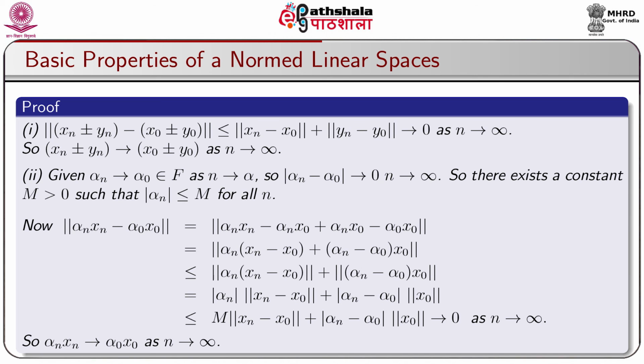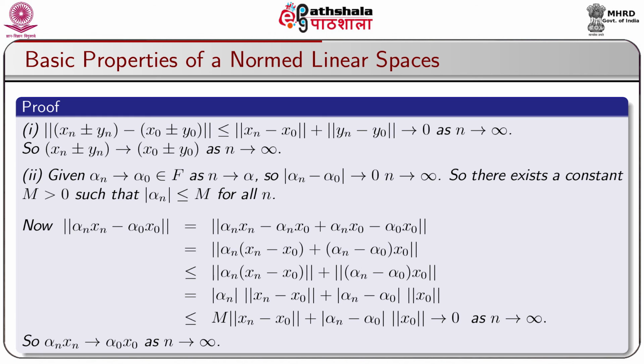which is again equal to modulus of alpha n norm of xn minus x naught plus modulus of alpha n minus alpha naught into norm of x naught, by norm axiom 2, which is always less than or equal to M into norm of xn minus x naught plus modulus of alpha n minus alpha naught norm of x naught, which tends to 0 as n tends to infinity, because modulus of alpha n is less than or equal to M, because it is convergent.